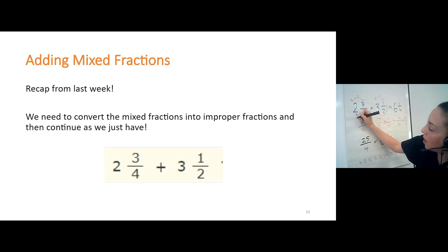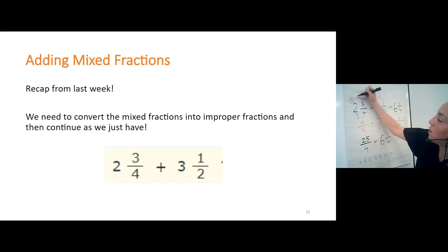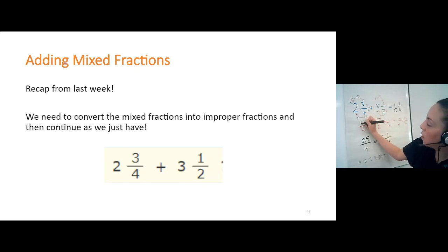We multiply that by the whole number. So 4 times 2. If we go in a circle, we make sure everything's done. 4 times 2 is 8. We then take the result of that and add it to the numerator to give us 11. We put it back over the original denominator. So 2 3/4 turns into 11 over 4.